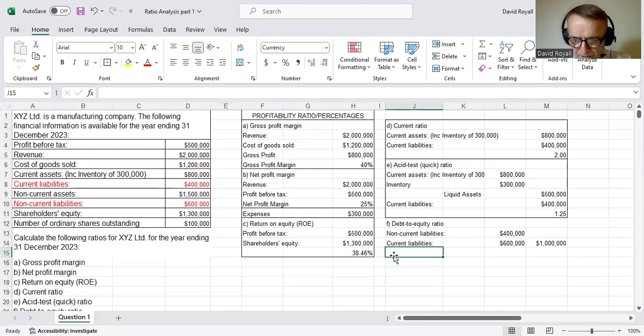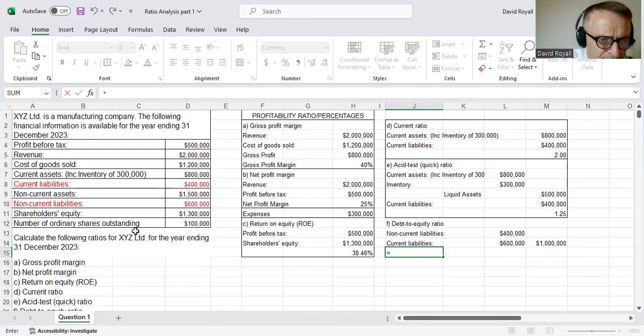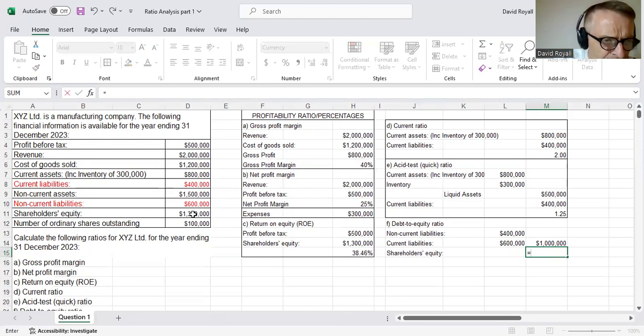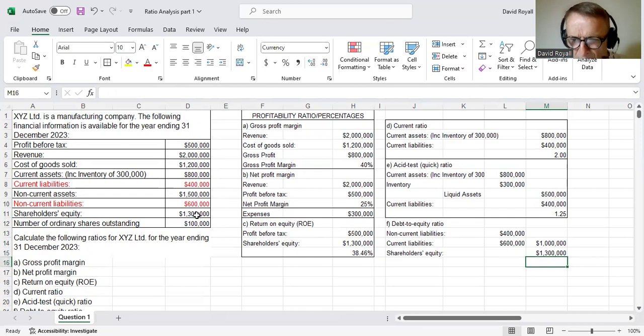Well, let's compare that against shareholders' equity. So we want shareholders' equity. Just pull that figure across. We already know that we own more than we owe in the business, so we will get a figure less than 1.